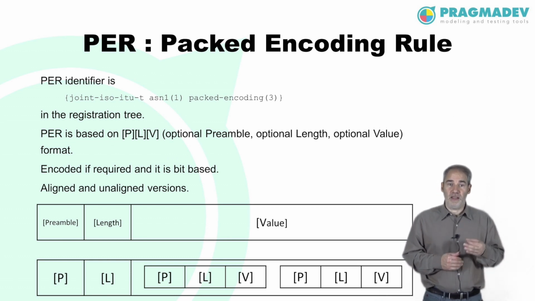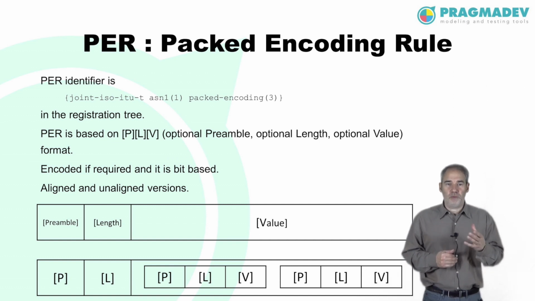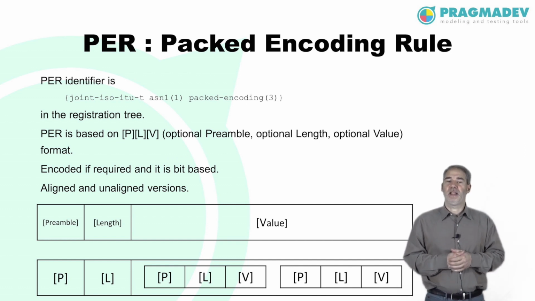And when it is, the information is encoded in bits rather than in bytes. In practice, the type or the preamble is almost never encoded in PER. Therefore, a Boolean that requires 3 bytes with BER only requires 1 bit with PER.